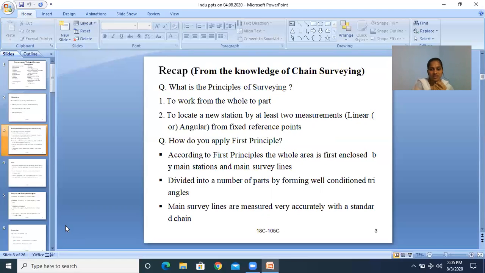Main survey lines are measured very accurately with a standard chain. So we have discussed those things in the last class.